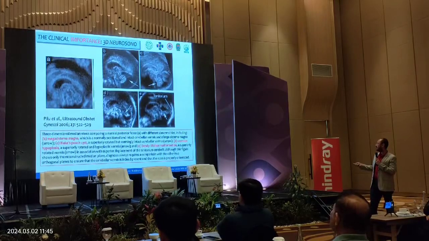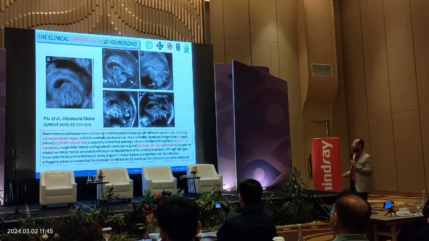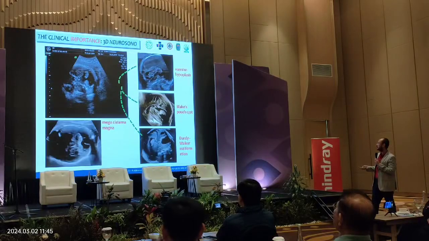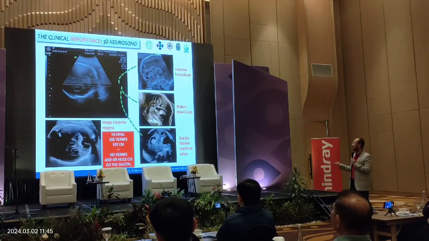And this is the tentorium, this is the vermis. You should notice the anatomical structures, and you should remember the point of interest of each of those. So in this case, you can see in the axial plane, in here, we cannot see the vermis.